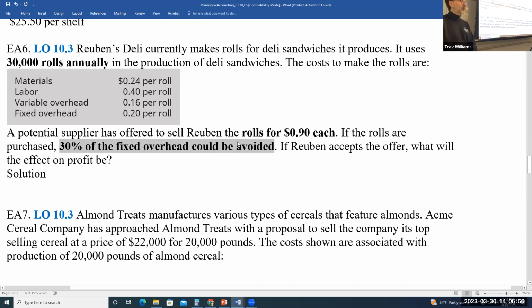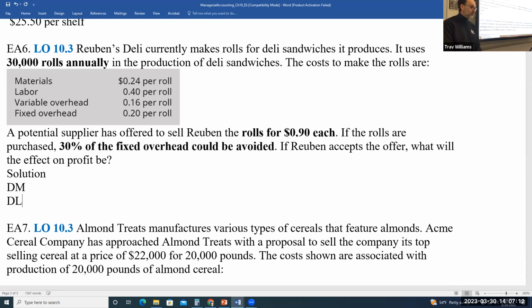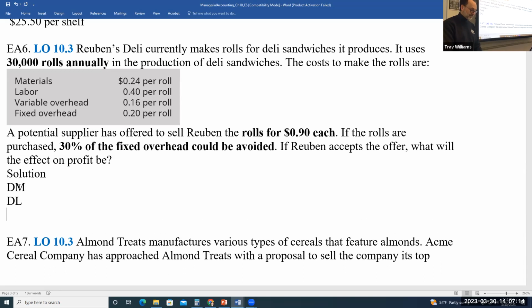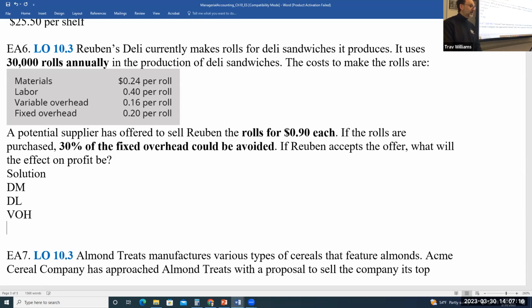So again, we have to figure out a price per unit and compare it with what the other company is offering. So if we go direct materials, direct labor, variable overhead, and then the fixed overhead.